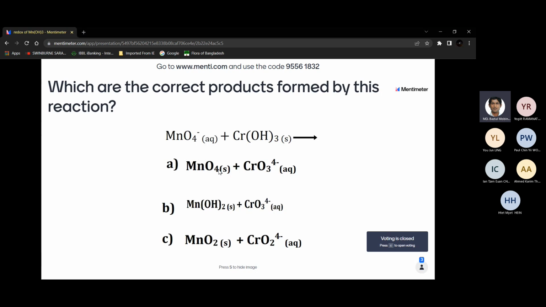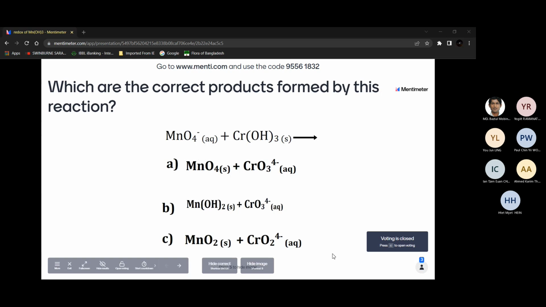It's still manganese tetroxide and chromate, but where is the hydrogen? No hydrogen. Same thing goes for C. There are no traces of hydrogen. That means atoms are imbalanced. B is the only balanced one, at least for the atoms, right? For A and C, hydrogen is missing. That is why they are not correct.